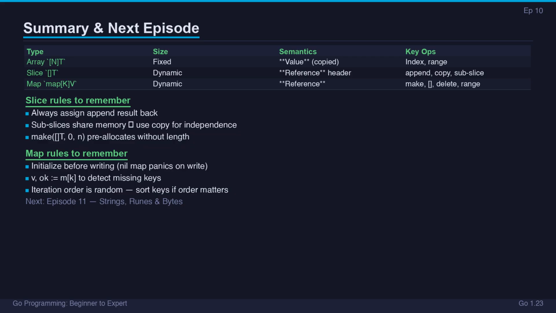O(1) operations, reference semantics, unordered iteration. Initialize before writing. Use the comma-ok form to distinguish missing keys from zero values. Not concurrent safe. Patterns to memorize. Increment missing map keys directly. Use map[T]struct{} for sets. Filter with a predicate function.